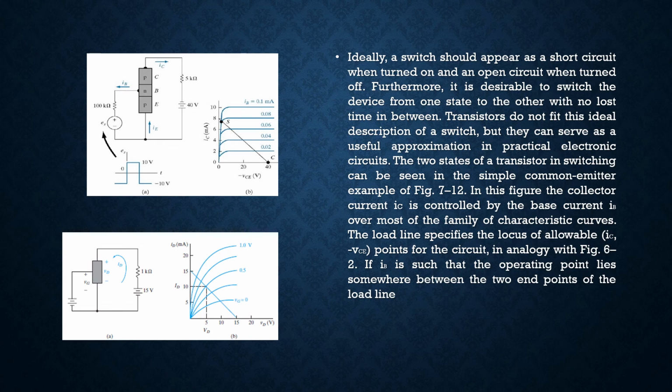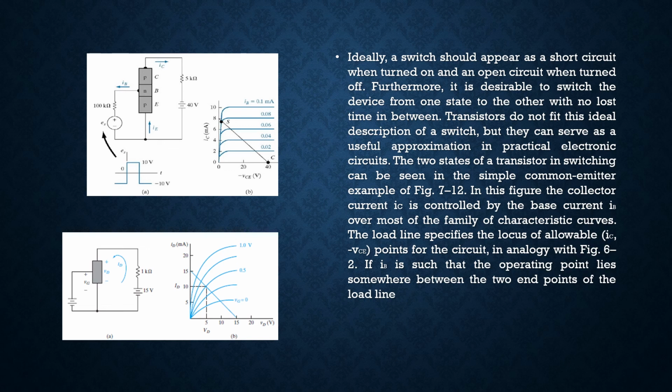Now here on the top, a common emitter BJT is drawn, and we have discussed this common emitter BJT in an example which I studied in our previous lecture.